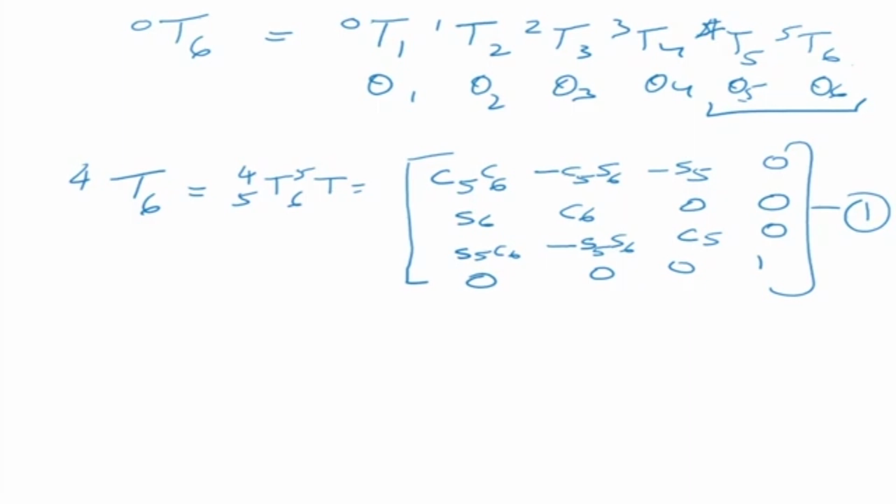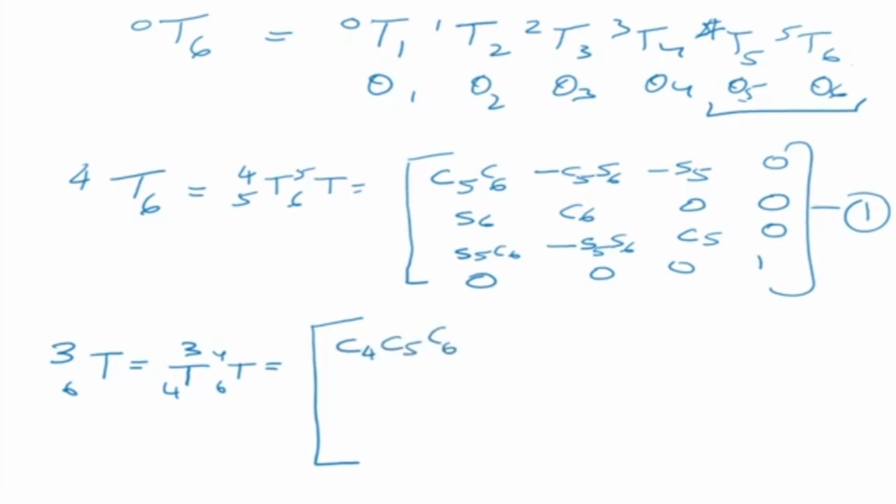Then what we do is we do T3 to 6. T3 to 6 means T3 to 4 multiplied by T4 to 6, which we just got. Now if I multiply this, what we get is C4 C5 C6 minus S4 S6.